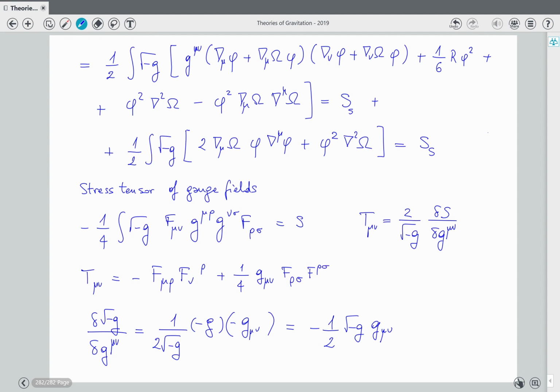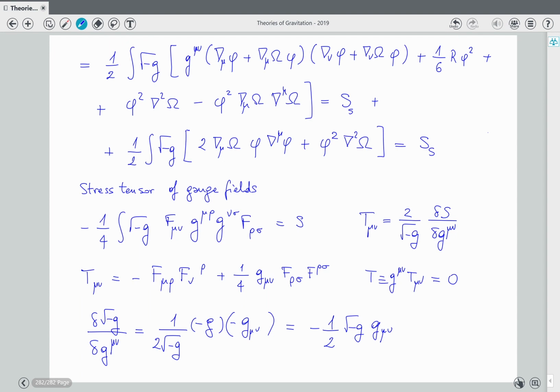Notice that the trace of T is 0. Well, we won't get the chance to get into the details about this, but the trace of a stress tensor is the thing that governs the invariance under scale transformations.